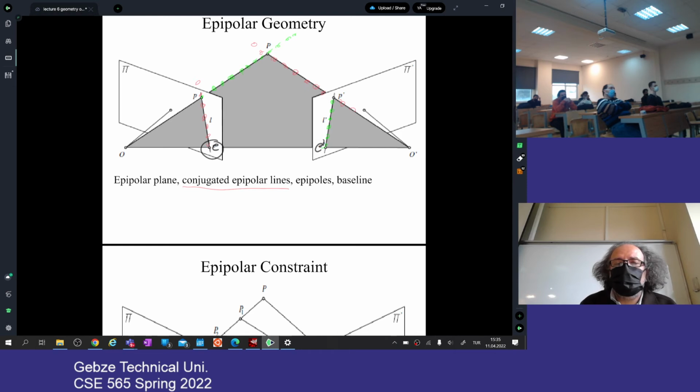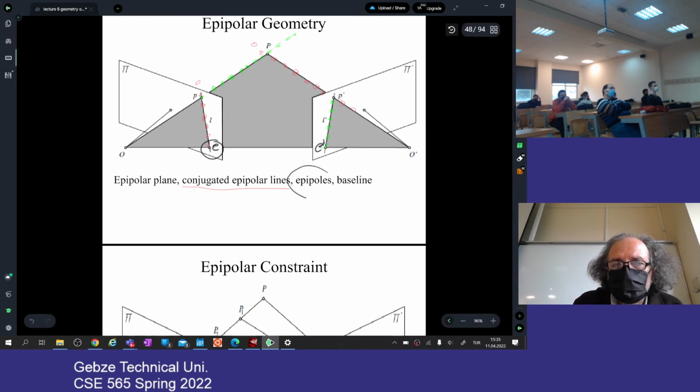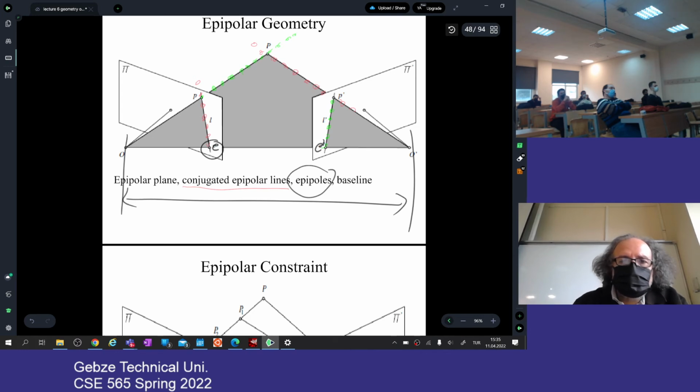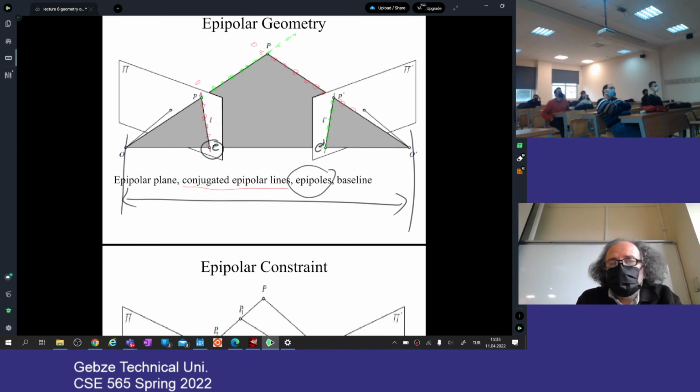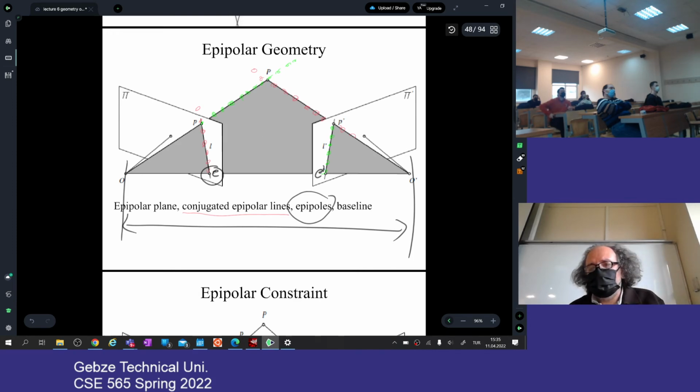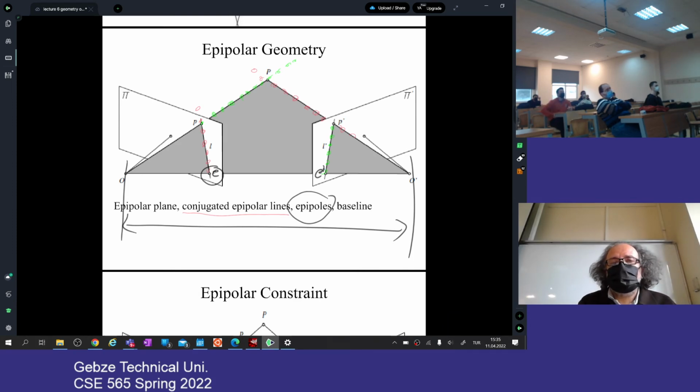Those are called epipoles. And this line segment that connects O and O prime is called the baseline. So I made 4 definitions. It is all about this plane here, and this whole thing is called epipolar geometry.